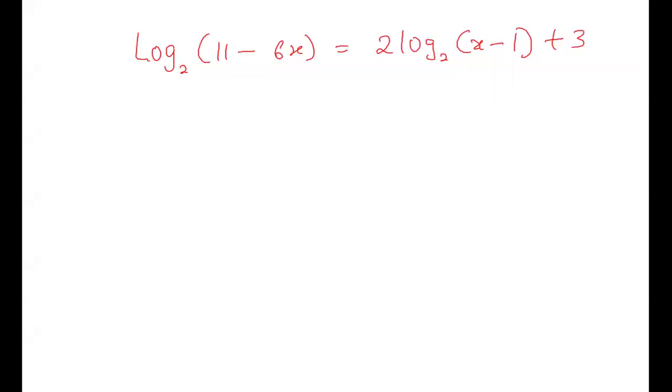That's a very, very good job from you. I got really confused because after I simplify, I got 11 minus 6x over (x minus 1) squared equals 8. Yeah.